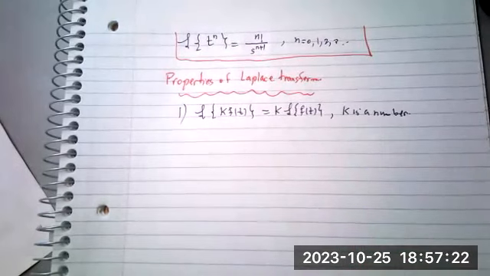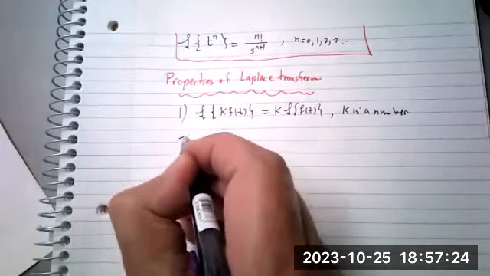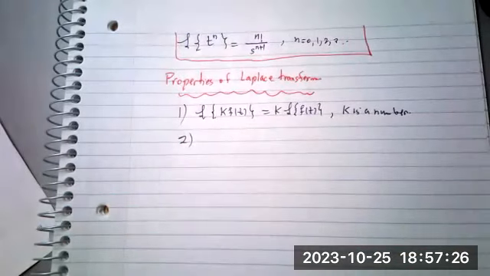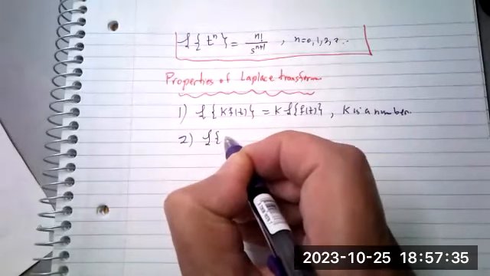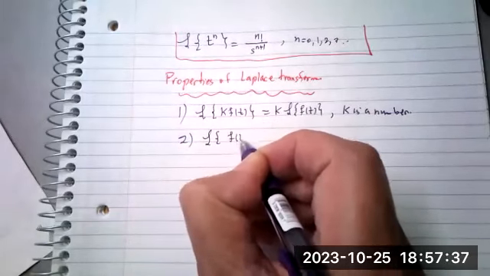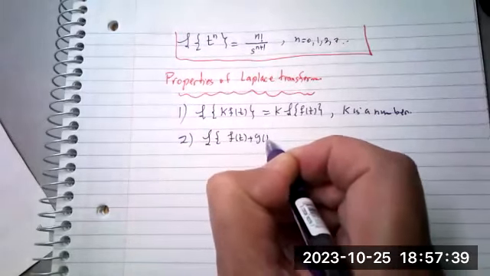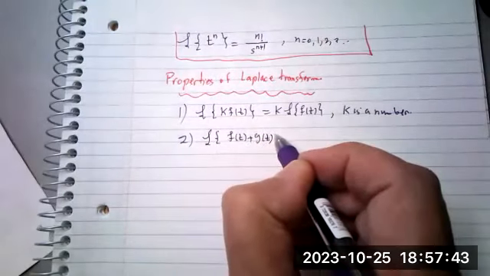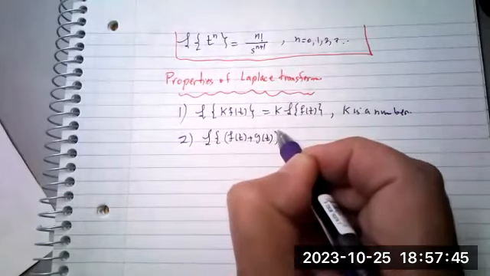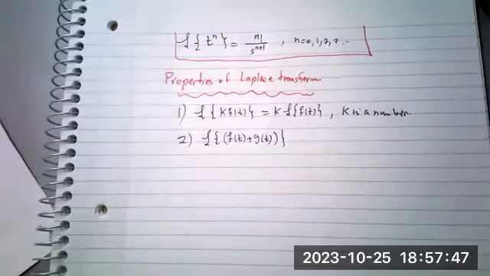That's the first one. The other thing that we talk about is that the Laplace transform is an additive operator. Additive means if you want to find the Laplace transform of a sum of two functions, f of t plus g of t, again, it's integration.